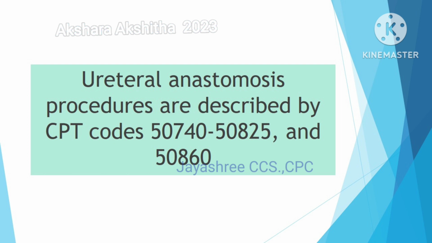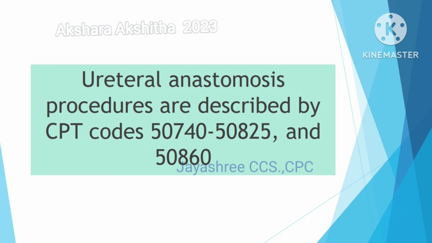If one type of anastomosis is performed on one ureter and a different type of anastomosis is performed on the contralateral ureter, the appropriate modifier LT/RT should be reported with the CPT code. Okay.